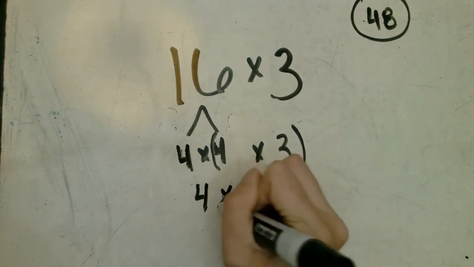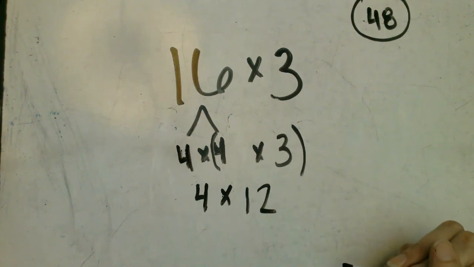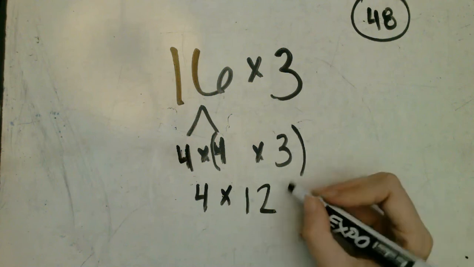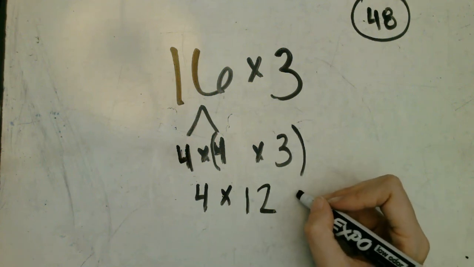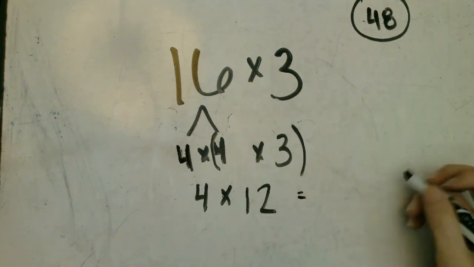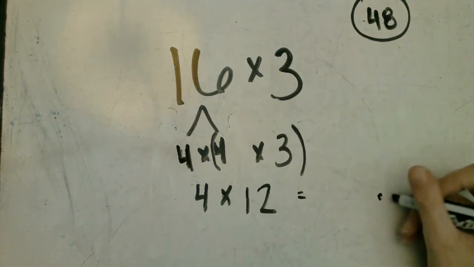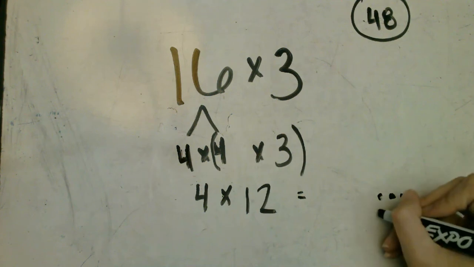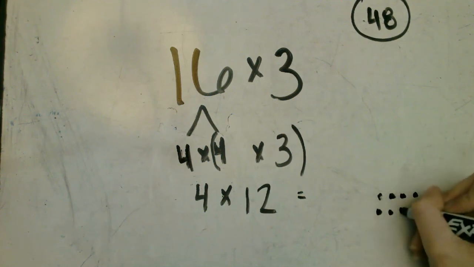Let's bring down what we didn't use. 4 times 12. Now, this is still hard for us to solve. If we were to draw this array out, we would draw 4 patches of 12 dots.